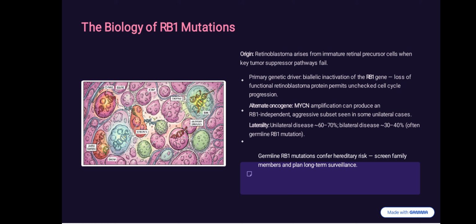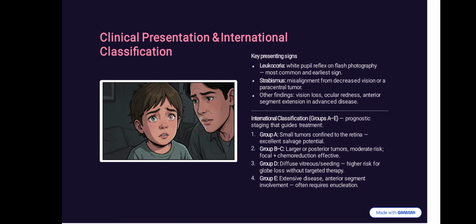Alternate oncogene: MYCN amplification can produce an RB1-independent aggressive subset seen in some unilateral cases. Laterality: unilateral disease constitutes about 60 to 70% and bilateral disease about 30 to 40%, often caused by germline RB1 mutation. Germline RB1 mutations confer hereditary risk, so screen family members and plan long-term surveillance.